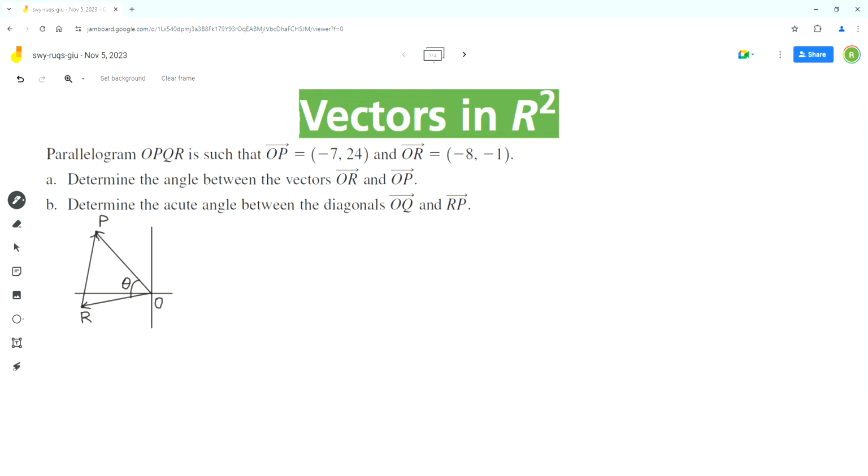We can use trigonometry to find this angle theta. We can find the lengths of sides OR and OP in this triangle by finding the magnitudes of the given vectors. So let's start with vector OP.